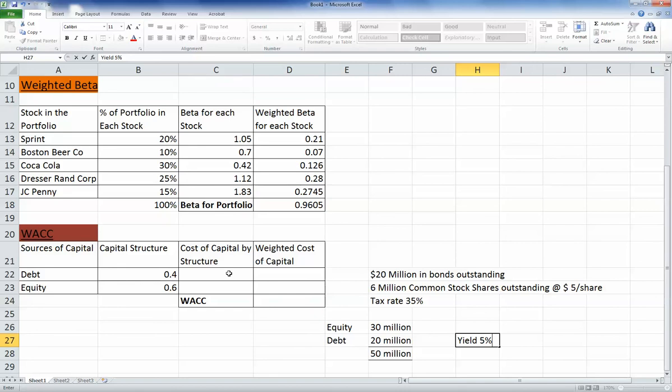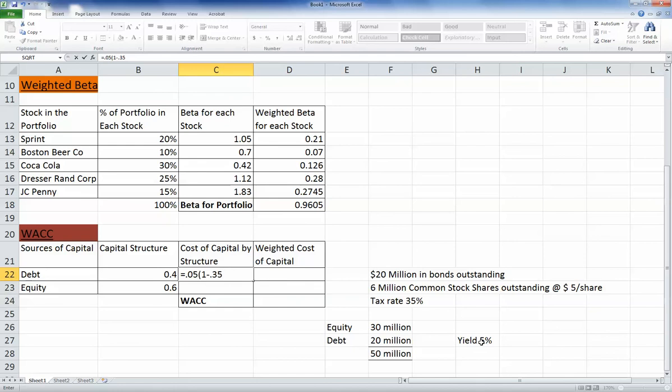Remember, our equation for the cost of capital by structure is the return, so the 0.05, which is the yield for the bonds, times our tax shield, so 1 minus 0.35.